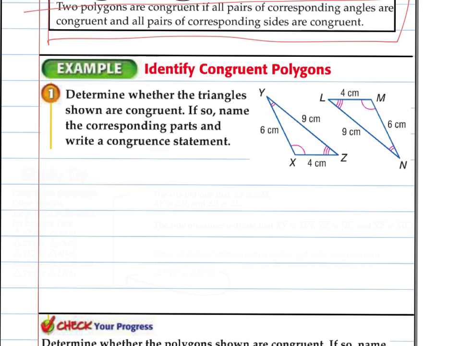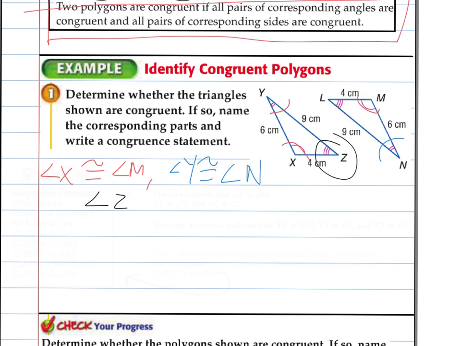The arcs here indicate that angle X is congruent with angle M, angle Y is congruent with angle N, and angle Z is congruent with angle L. These measures, knowing that this one says 6 and this says 6, indicate that line segment XY is congruent with line segment MN, going by the same vertices.